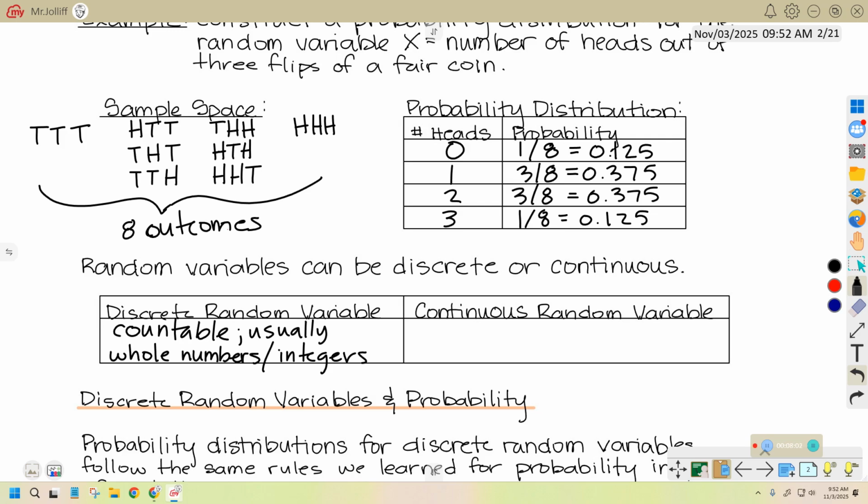So these are usually things we are counting. 0, 1, 2. I'm never going to get a fraction. I'm not going to get like 1/2 of a person or 1/2 of a book page.